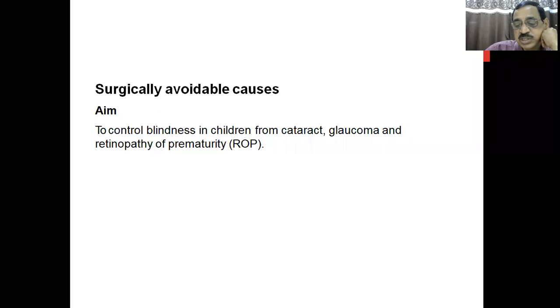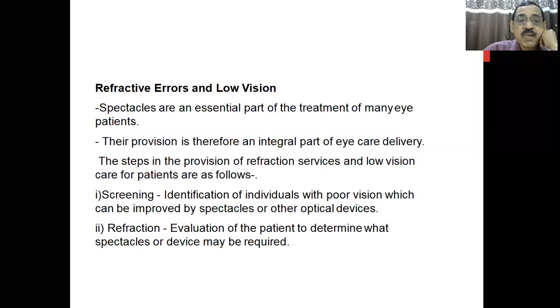Refractive errors and low vision contribute a major chunk of childhood blindness. Spectacles are an essential part of the treatment of many eye patients. So we have to do a refraction depending upon the age of the individual.